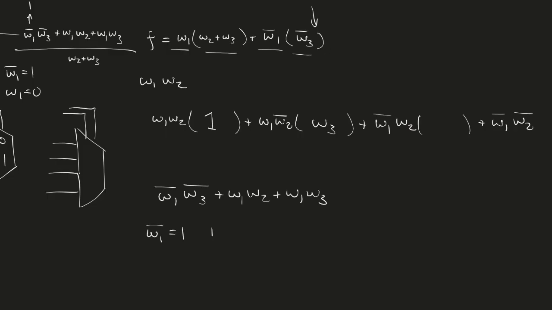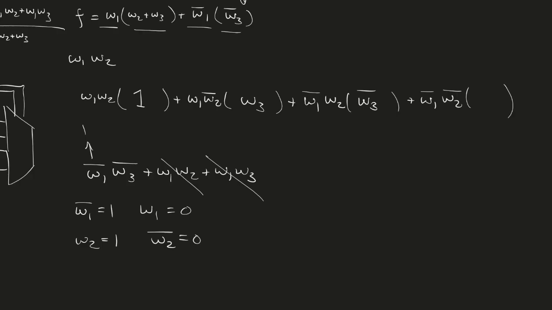W1 naught is 1 and W1 is 0. W2 is 1. W2 naught is 0. So let's see. This is gone. This is also gone. This is 1. So it's just W3 naught.